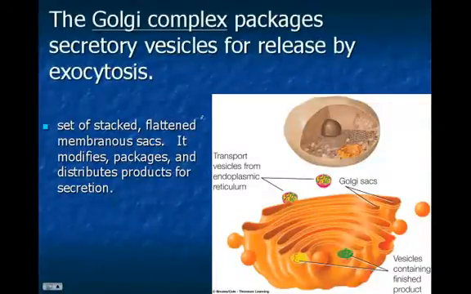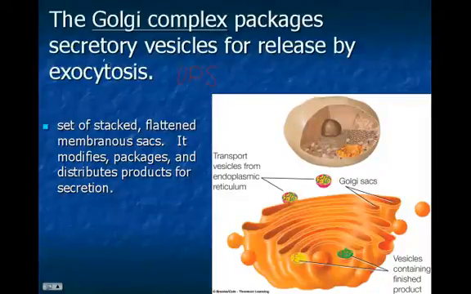So then we have what's called the Golgi apparatus. And the Golgi apparatus is what I like to call the UPS of the cell. The reason being is it's primarily responsible for packaging up proteins and things that are going to be secreted or released towards the outside of the cell.